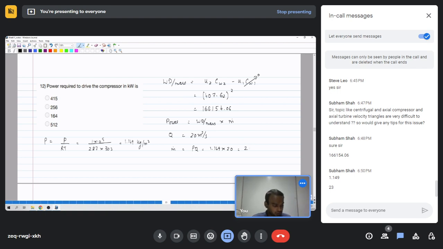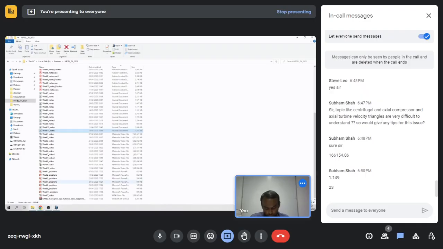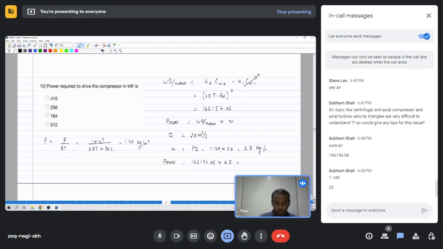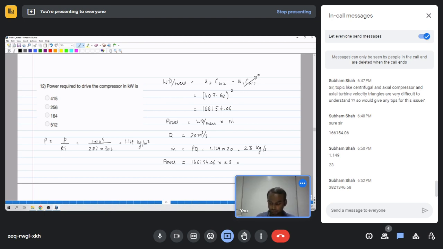So this is 23 kilograms per second. Now power will be 166.54 into 23. Can you compute the power? Is it 382?